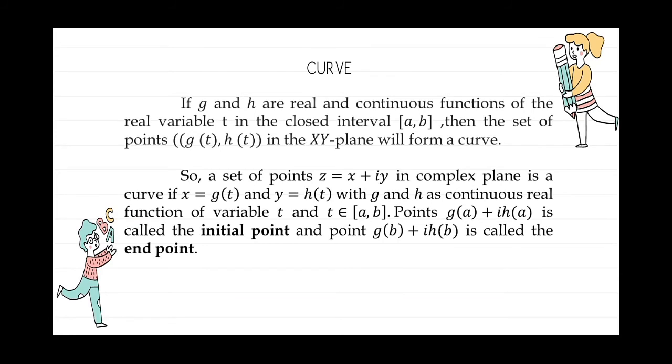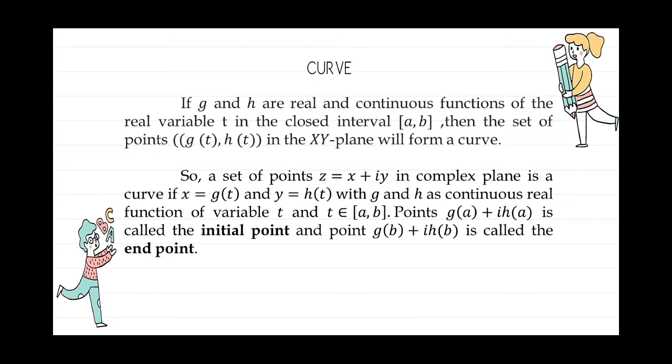Now we are going to learn about contours, but before that we have to learn about curves. If g and h are real continuous functions of the real variable t in the closed interval [a,b], then the set of points (g(t), h(t)) in the xy plane will form a curve.